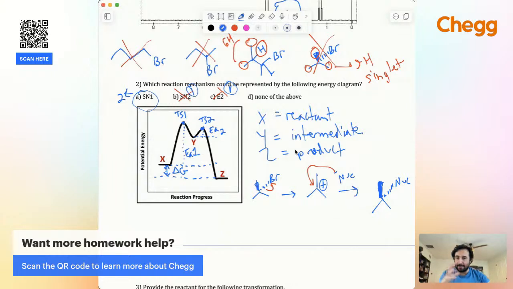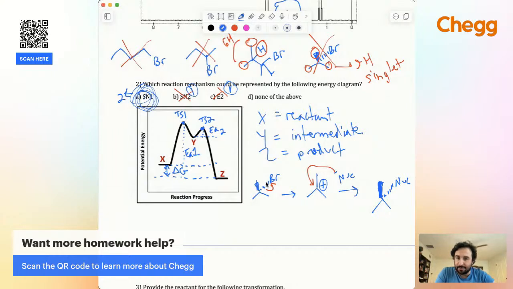So it's all concerted, happens all at once. It's not piecemeal. It's not stepwise. So this must be for the SN1 reaction. It also could have been an E1 reaction, which is why I didn't give that as one of the options. Then it would have been ambiguous.